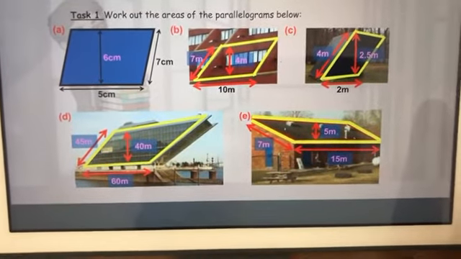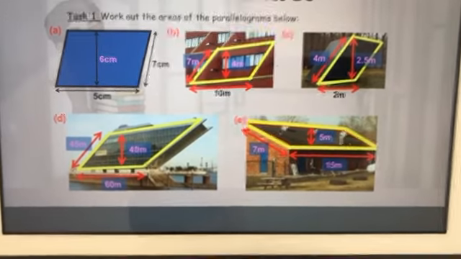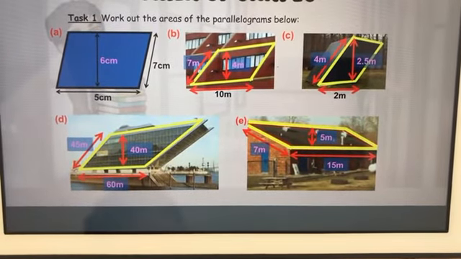Right guys, have a go at some of these, okay? There's some areas, again, if you can't see certain ones, leave them out and do different ones, okay? Have a go at some of these, please.